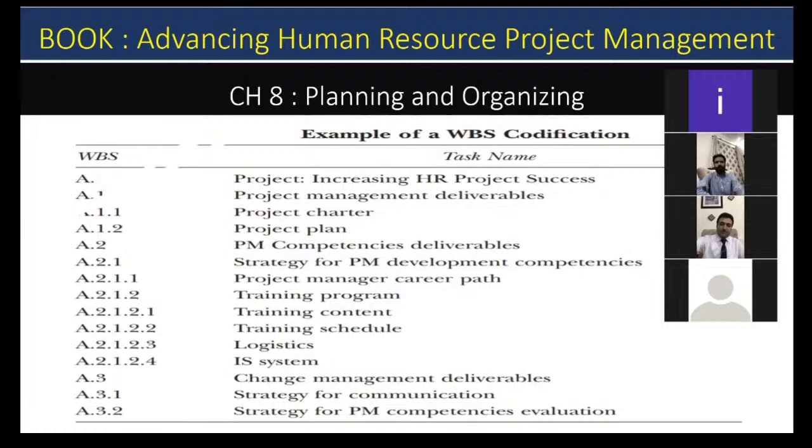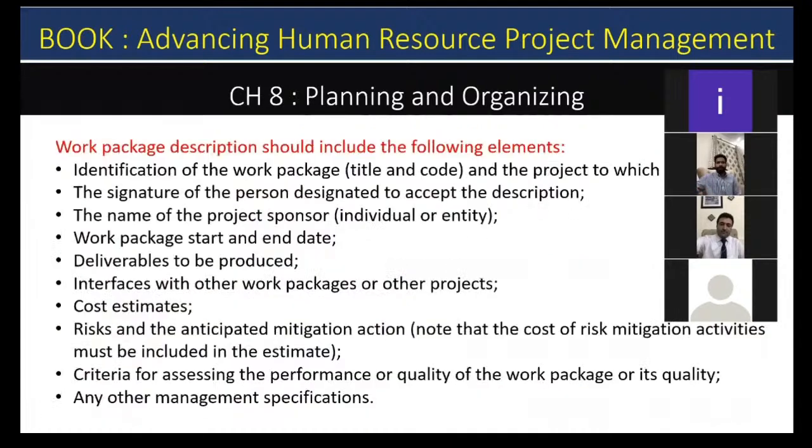After the formation of the WBS, we will get the formal approval for the WBS, as it is the second step of the WBS. After the verification of the WBS, we will have WBS codification, as shown in the table. Next slide, please.